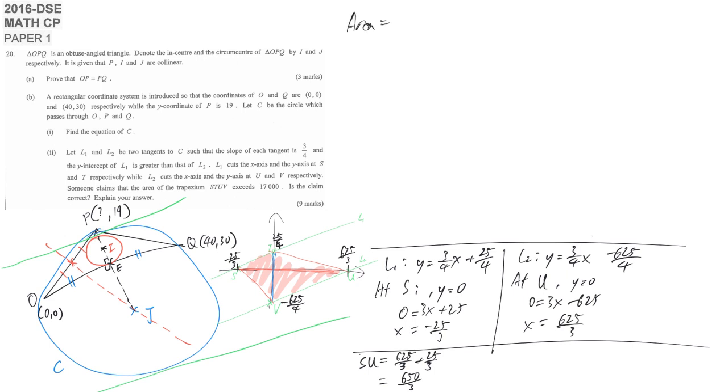Therefore, the area is equal to this triangle with height 25 over 4 plus this triangle with height 625 over 4. So it's 1 over 2 times the base times the heights.